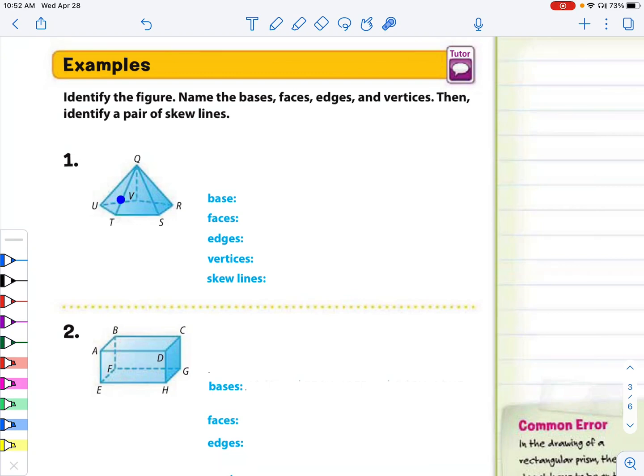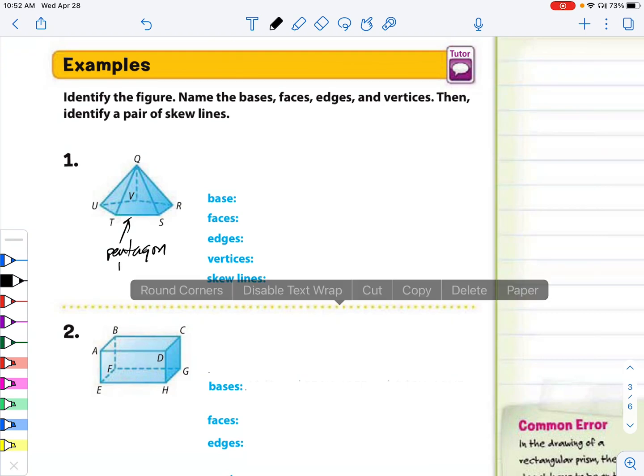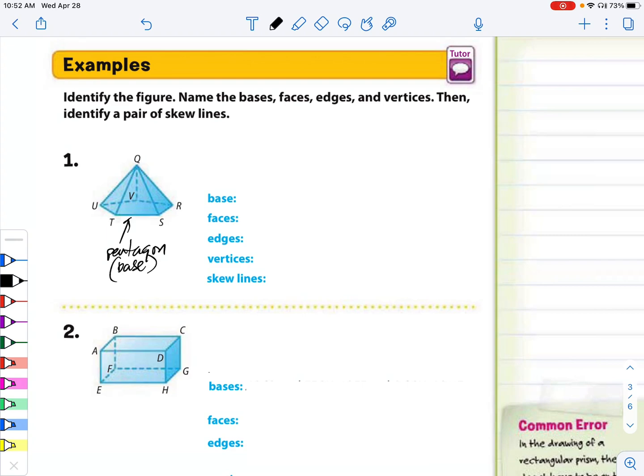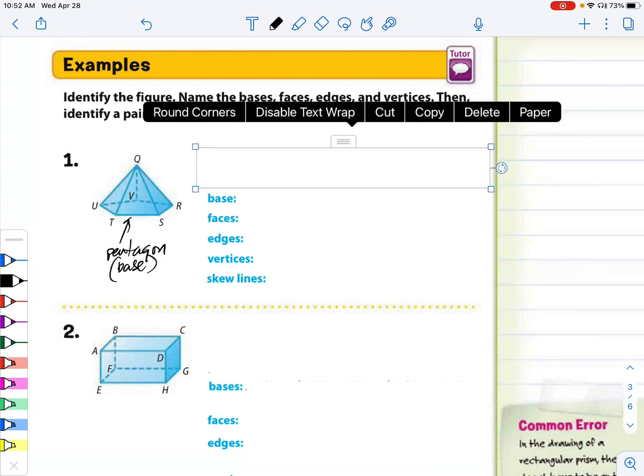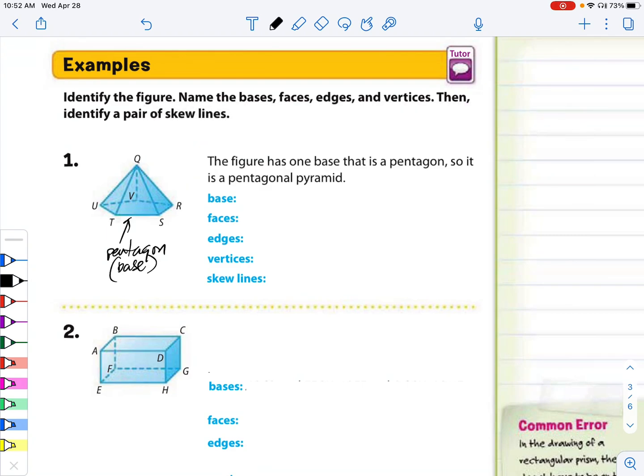If you notice, the base has five sides. A polygon with five sides is also called a pentagon. So the base is shaped like a pentagon, so this is what we call a pentagonal pyramid.